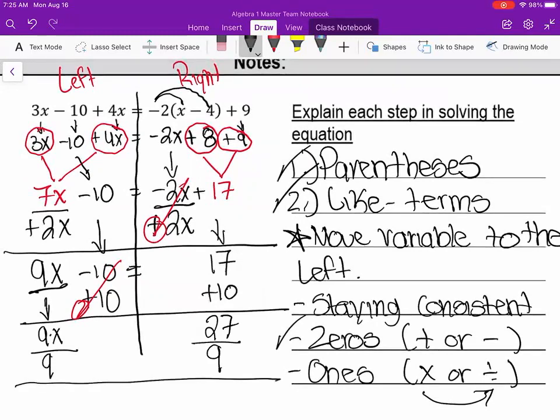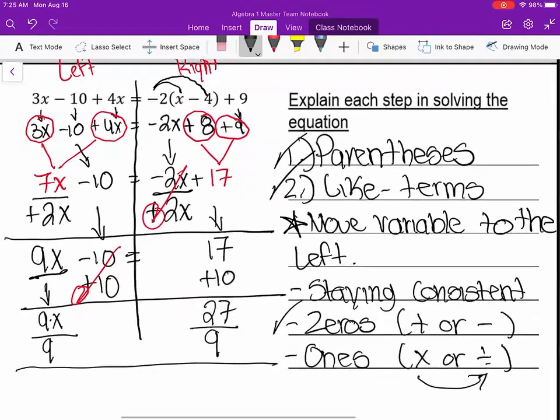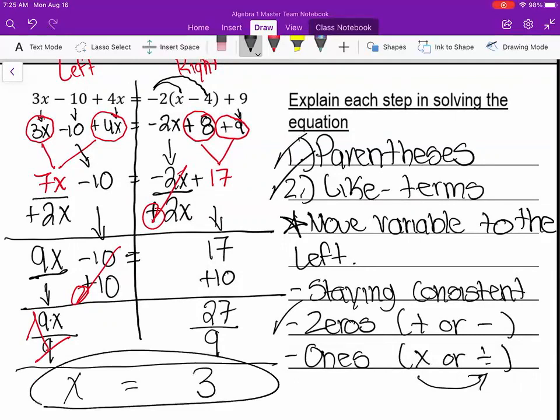I'm going to draw my line and just do math. 9 divided by 9 equals 1. So you're left with x equals 27 divided by 9, which is 3. And that is your solution to the equation. As you can see, it's pretty much the same steps, but just a little longer, and you do have to be careful for both sides.